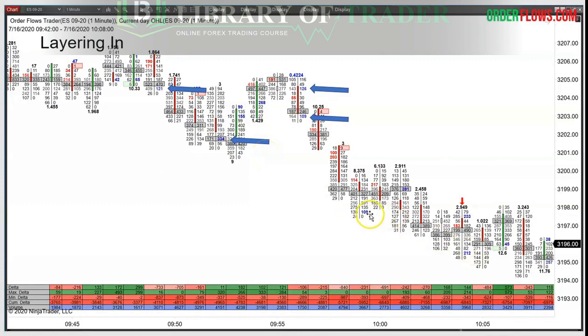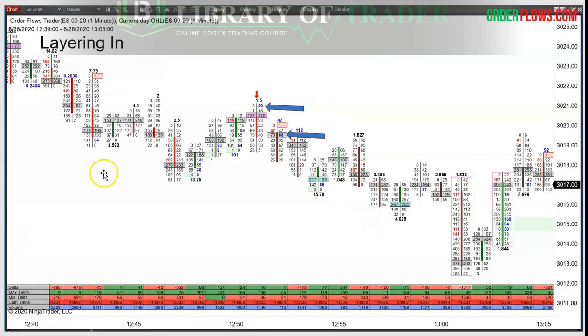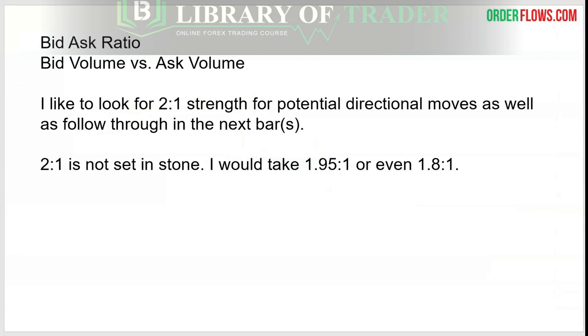Okay, well, every other price level is trading above 109 basically, except the top and bottom, which generally have the least amount of volume. But 109 is the third least amount in here. 114 is the next least, right? Everything else is well above 109, right? But when you're looking at this, and it's 83, it's like, well, it's less than 100, so I can't take it. But it's the most volume in the bar at a price level, right? It's different. All right, so hopefully you can understand what layering in is now.